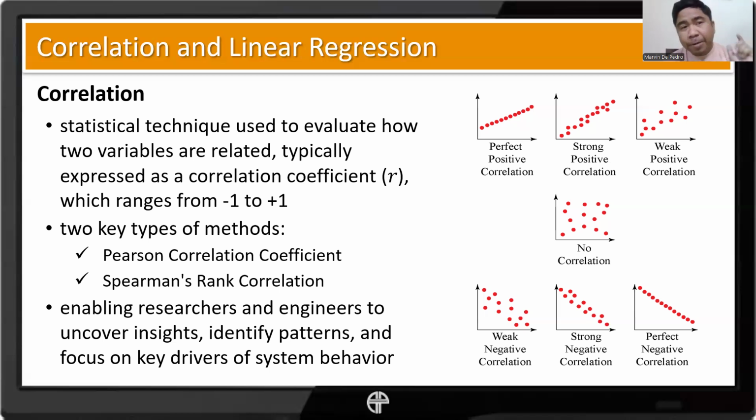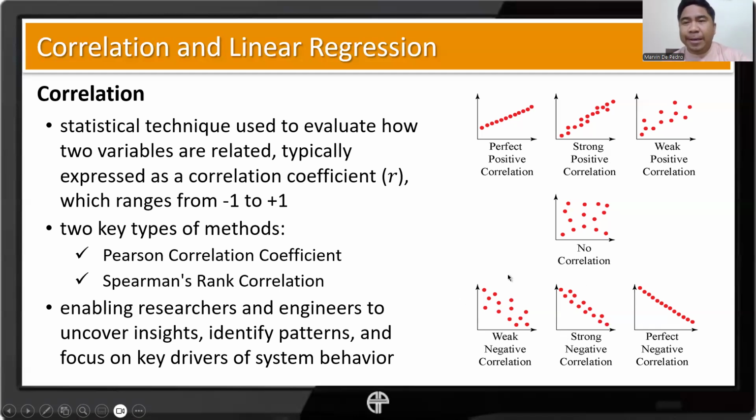Correlation, by the way, enables researchers and engineers to uncover insights, identify patterns, and focus on key drivers of system behavior. And you're going to see later why. Just remember, for now, with positive correlation we can expect an upward trend because positive R means positive slope, while negative correlation shows a downward trend.